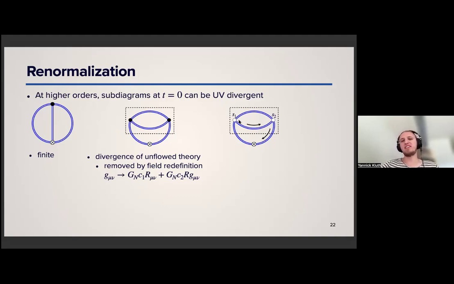But the problem is that we integrate those vertices, or the flow time parameters of those vertices, from 0 up until an upper bound. And because we start at 0, we actually do get some sort of UV divergence from the lower region of integration. And therefore, we do have some sort of new UV divergences that are encountered at the border of the integration region.